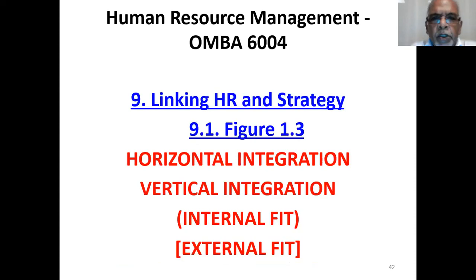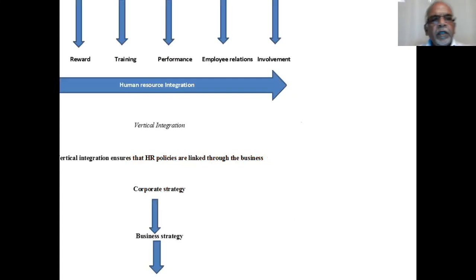We are now coming to the last part of the presentation, which is the link between HR and organizational strategy. Now, we have already mentioned that the link between HR and organizational strategy is becoming tighter and stronger. And this is happening in two ways. Take a look at this diagram.